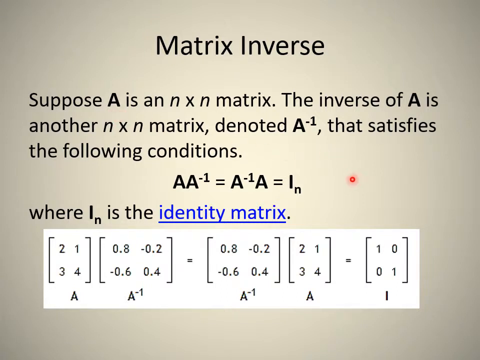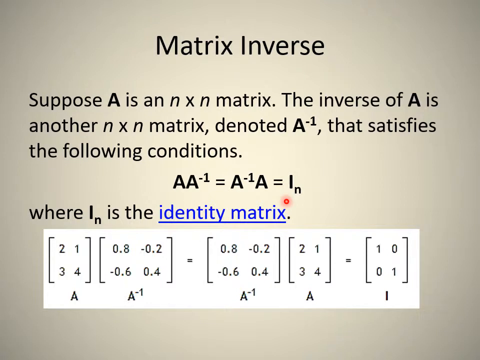Now, and this is very important. The definition of the inverse of a matrix is basically a new matrix that, when multiplied by the original matrix, gives us a new square matrix of the same order, but it's an identity matrix. So you know what an identity matrix is by now.